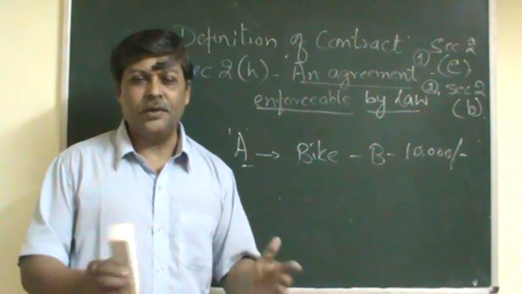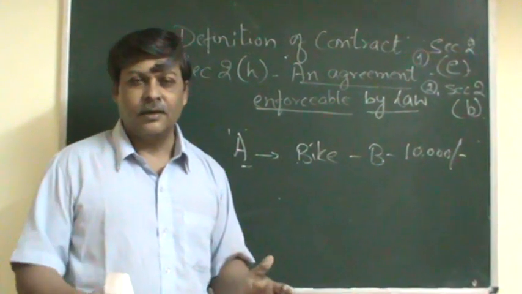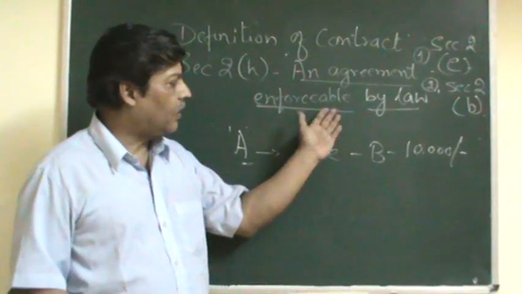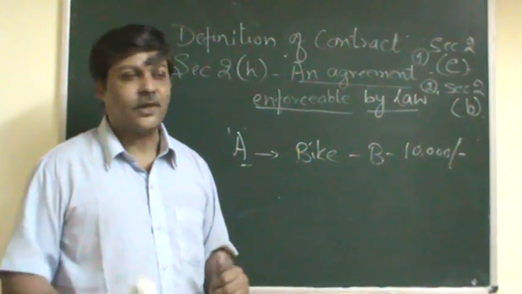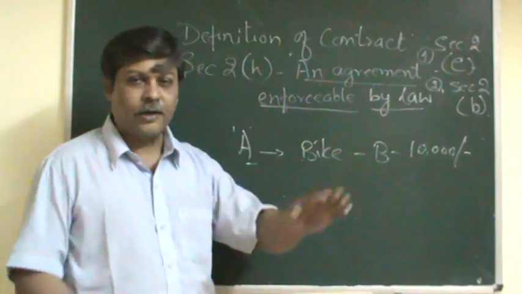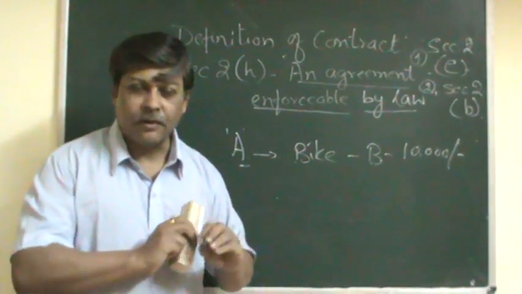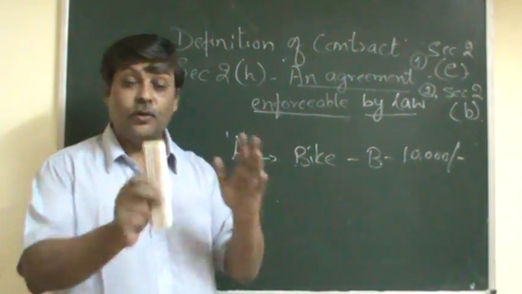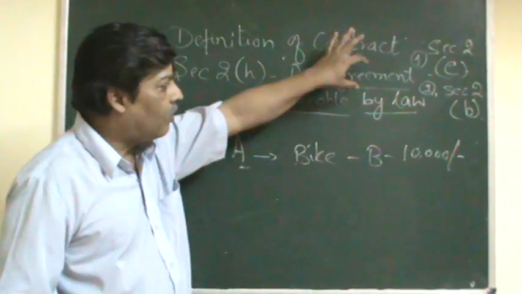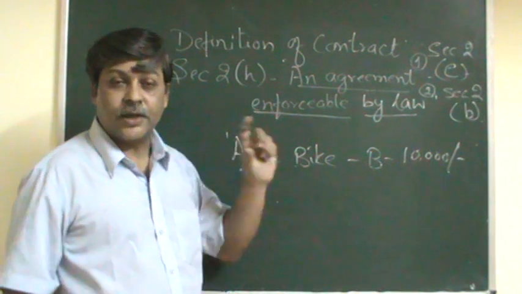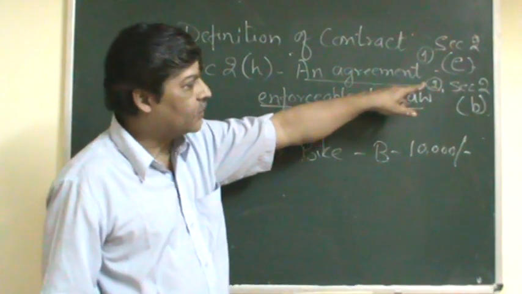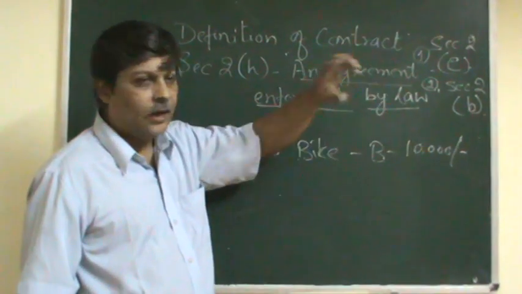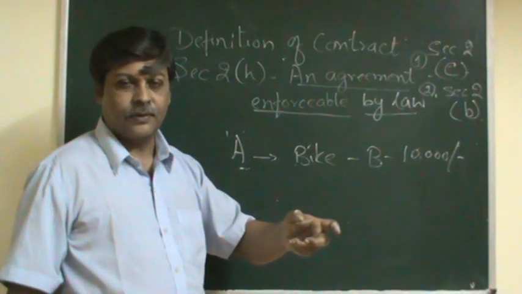Immediately saying that a contract is an agreement enforceable by law, we cannot understand the meaning. If we only say this, you cannot understand the meaning of the contract. You have to go into the detail of the terminology used: agreement, which is defined in section 2 clause E. And again, agreement means a promise.